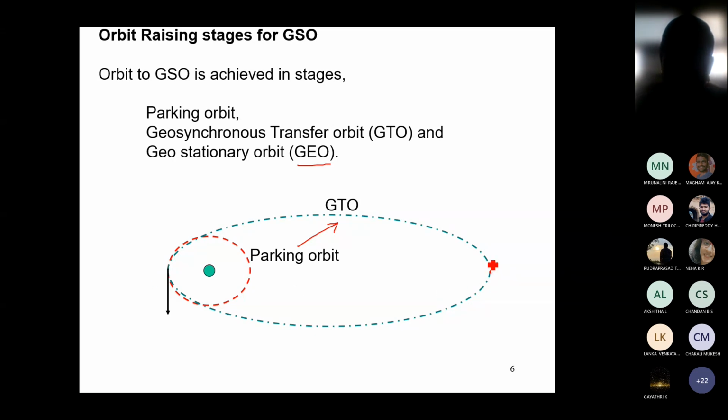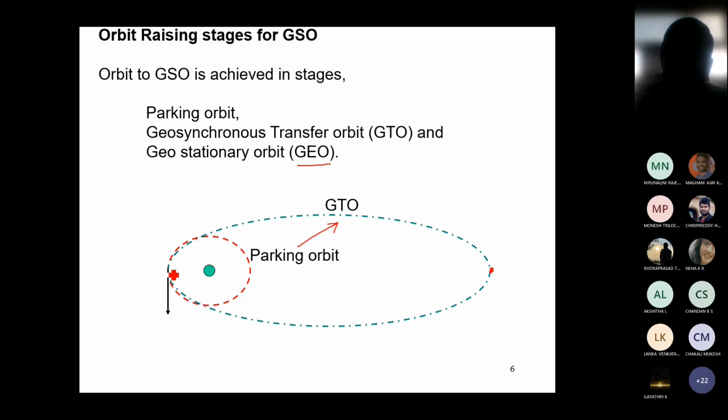At the point of apogee, the satellite is moving at a low velocity. So the velocity in the elliptical orbit is not constant.